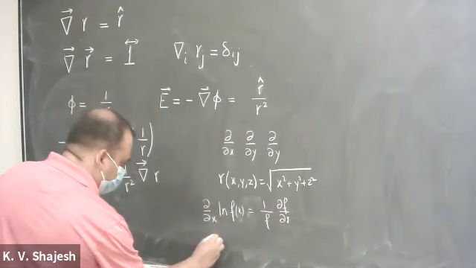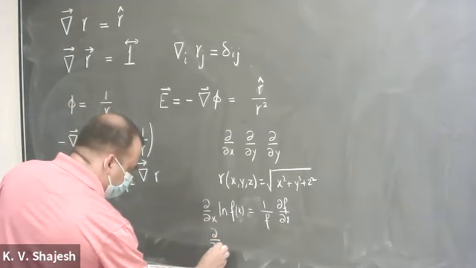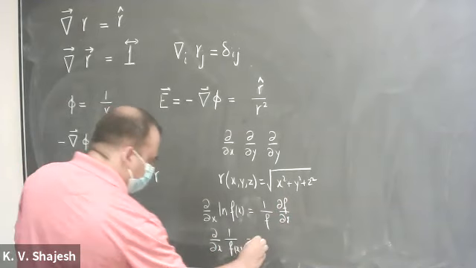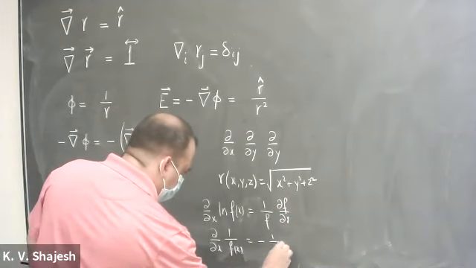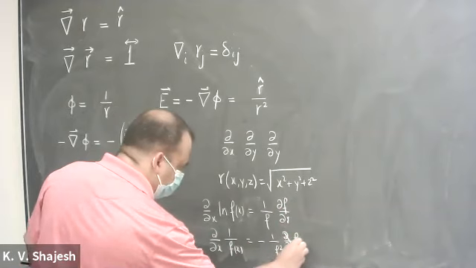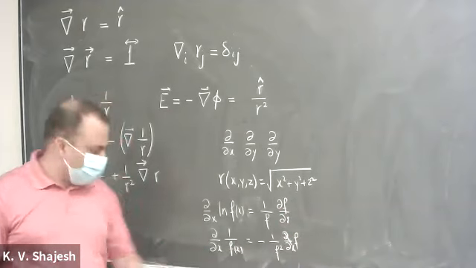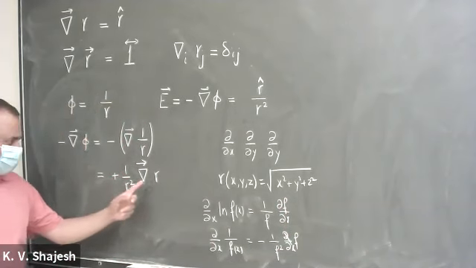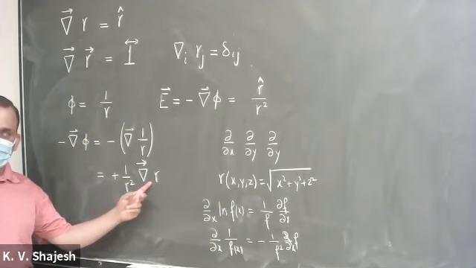In this case, the derivative with respect to x of 1 over f of x is the same as minus 1 over f squared times the derivative of f. The chain rule has to come in. First do the 1 over R squared, and then you have to take the derivative of R.